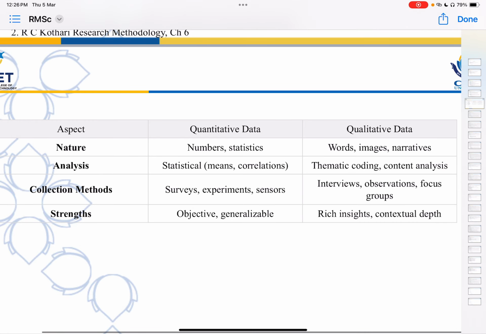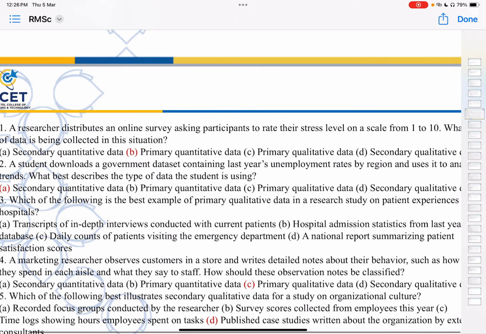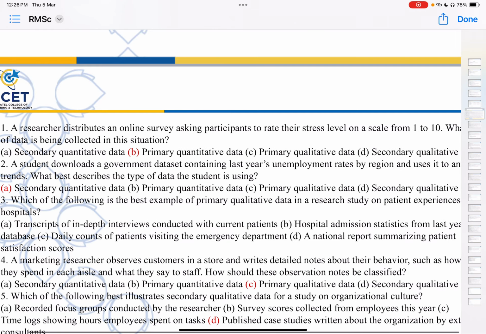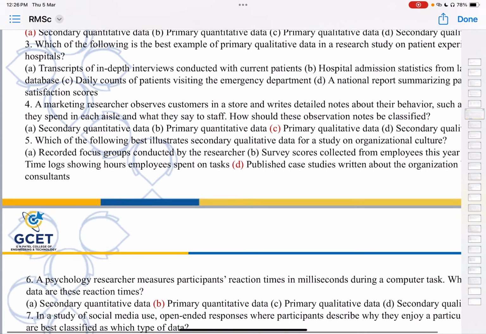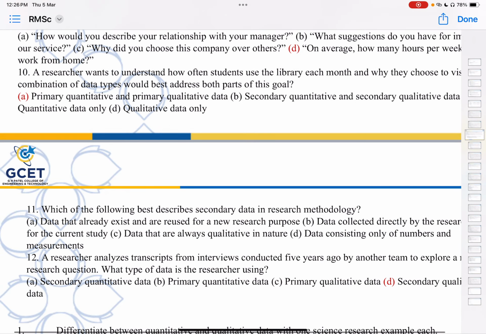This is a table for the quantitative data and the qualitative data. There is some quiz, like MCQ-type questions you can read, and the red mark is the answer. That is easy for you to consider these questions. Very easy.